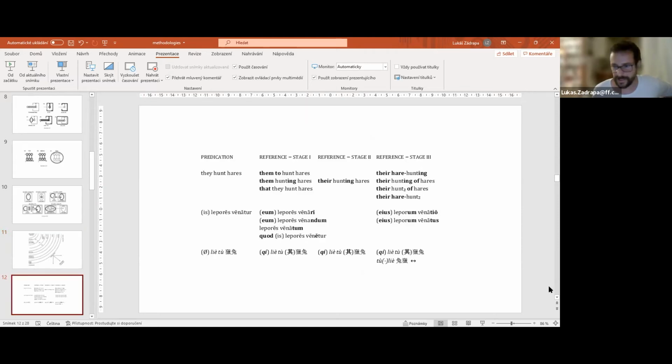In my article, which I've been working on with these comparisons, we have on the left these examples from English, from Latin, and from classical Chinese. As I see it, of course, these are made-up examples.